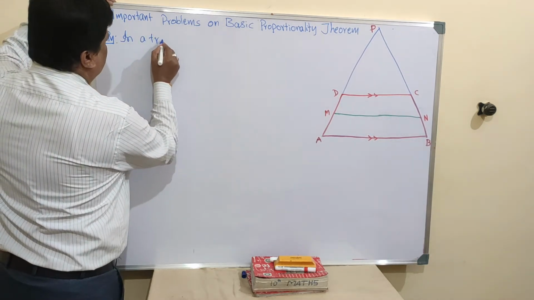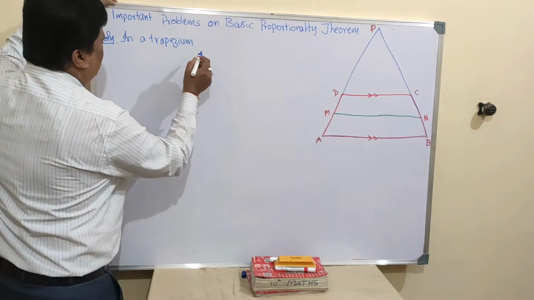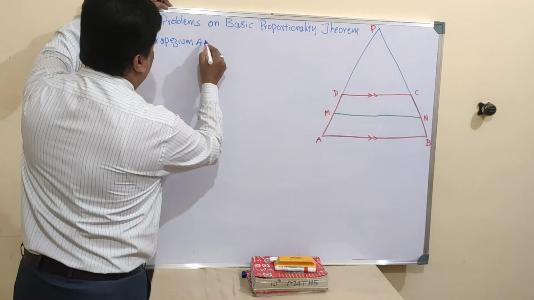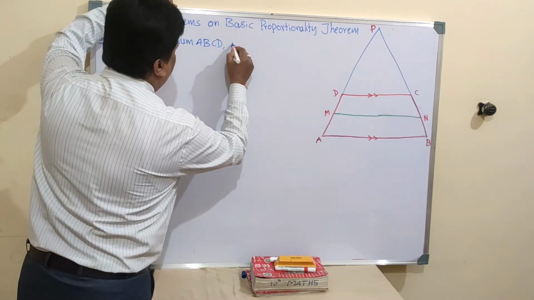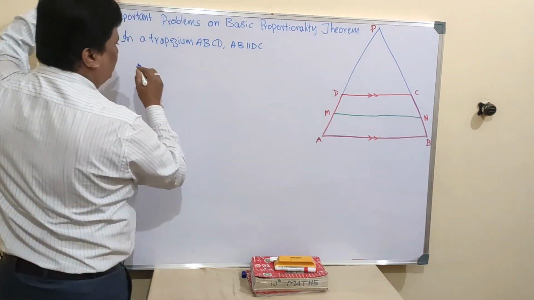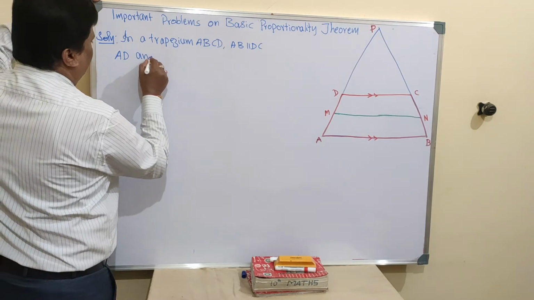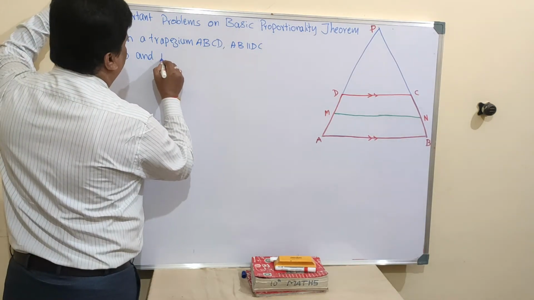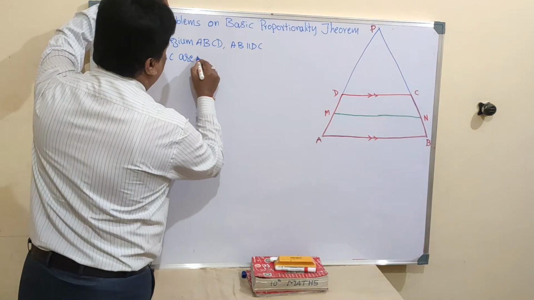In a trapezium ABCD, AB is parallel to DC, AD and BC are non-parallel sides.